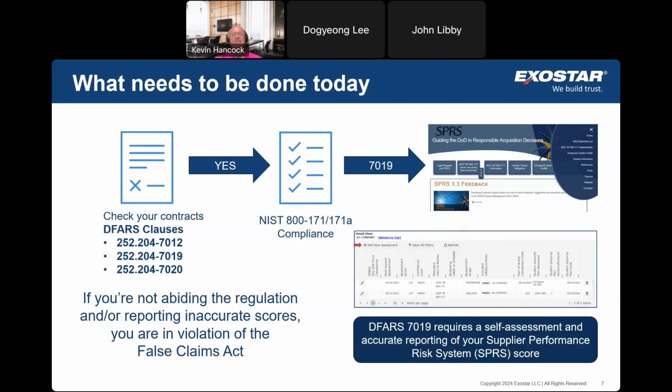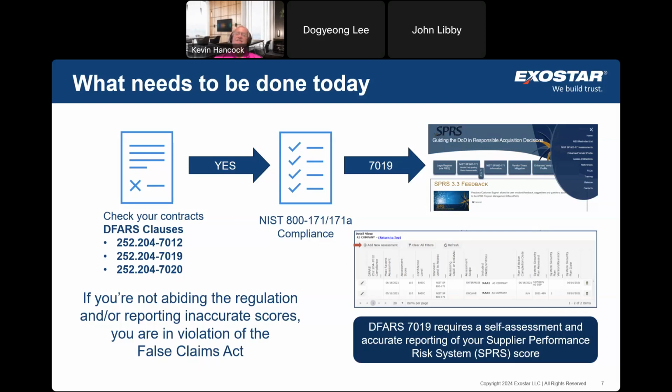So if you've got 7012, 7019, or 7020 clauses within your contract, and you receive controlled unclassified information, you need to be in compliance with NIST 800-171. And if you want to know if you are or not, right, take a look at NIST 800-171 Alpha. That's the assessment guide, to see whether or not you've implemented these things correctly.